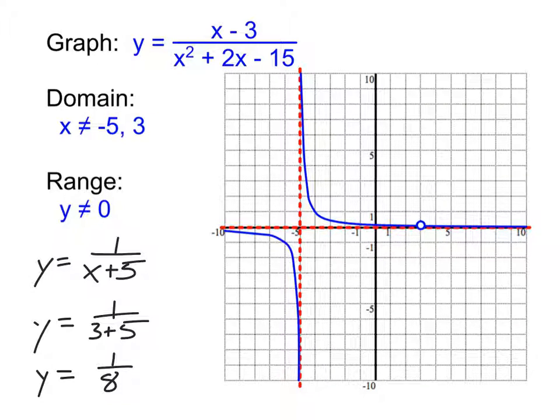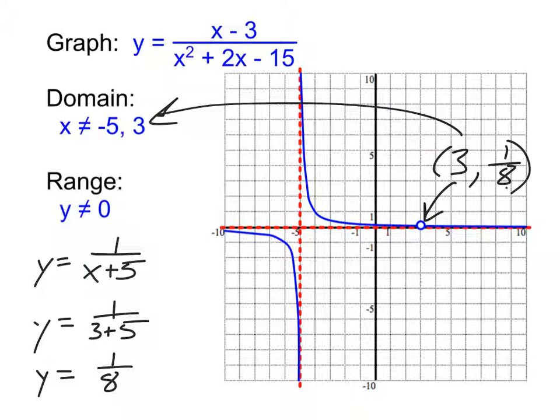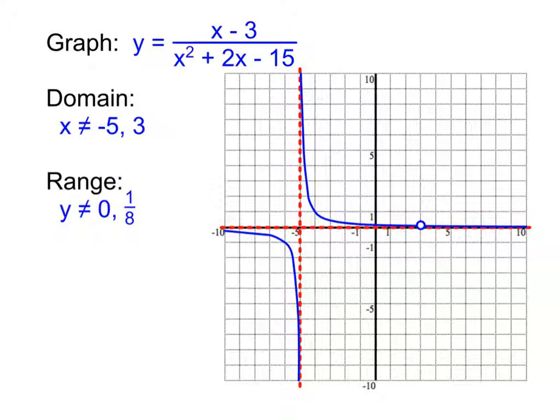But by plugging it into the simplified equation, it actually tells me where the hole is. So it tells me then that this point right here, the coordinates are 3, 1/8. Which means that this 3 is not part of the domain, and this 1/8 is not part of my range. And so I would actually say that the range is y cannot equal 0, the asymptote, and 1/8, the hole.